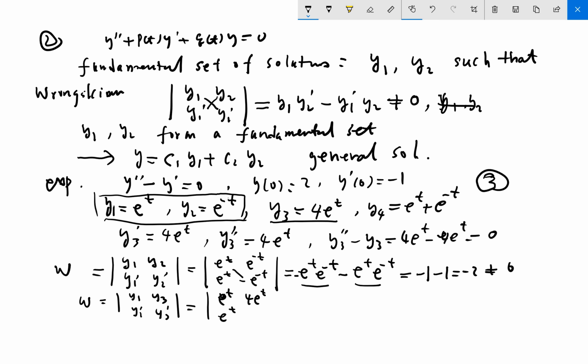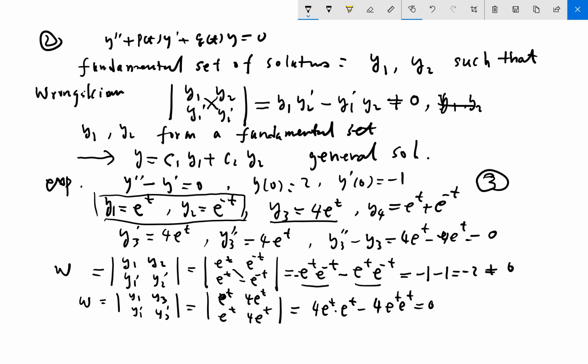The derivative of y1 is itself. The derivative of y3 is also equal to itself. So you got 4 e to the t times e to the t, subtract 4 e to the t times e to the t. They give you 0. In other words, y1, y3 does not form a fundamental set.